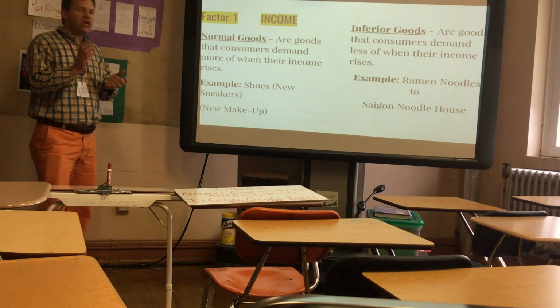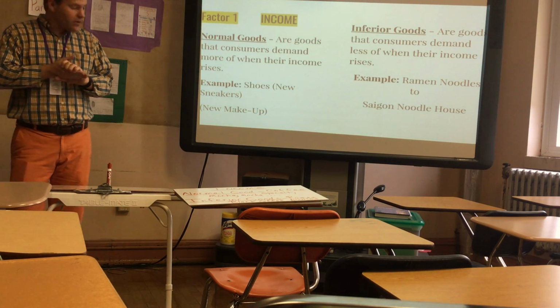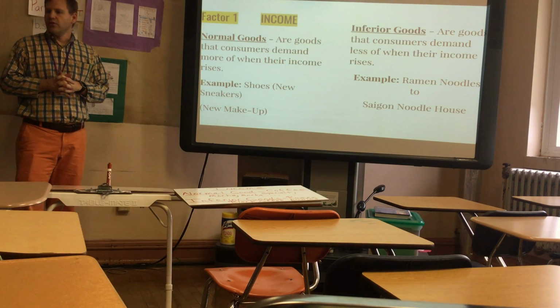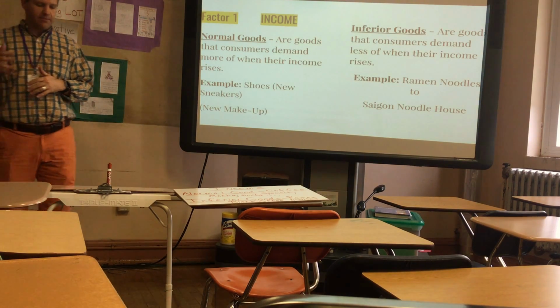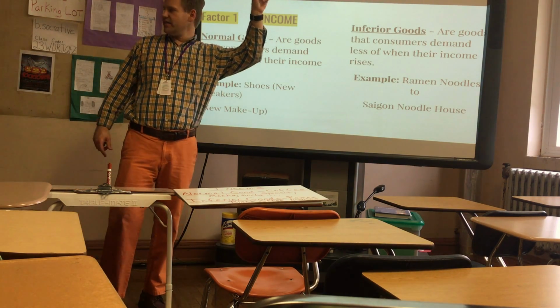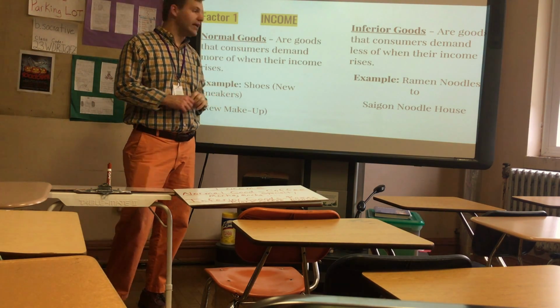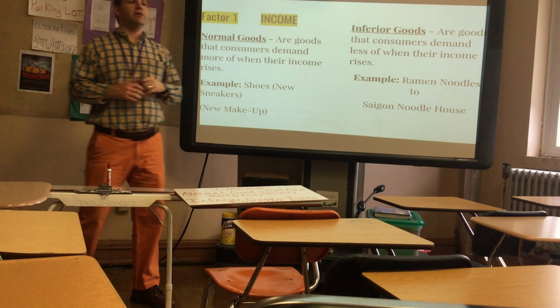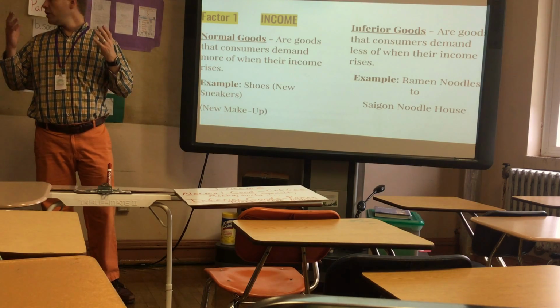First factor that we encounter is the income factor. We've already talked about it with the income effect. If Mr. Weaver's income rises on Halloween 2017, then he's going to be able to purchase more goods.